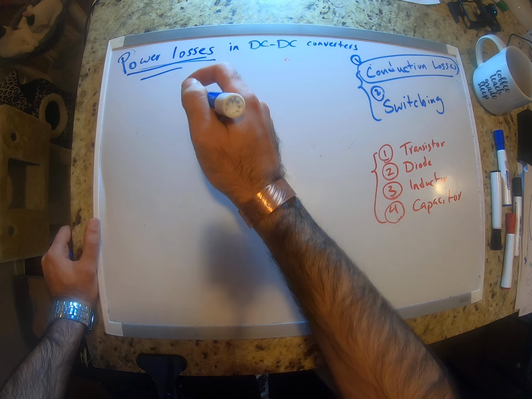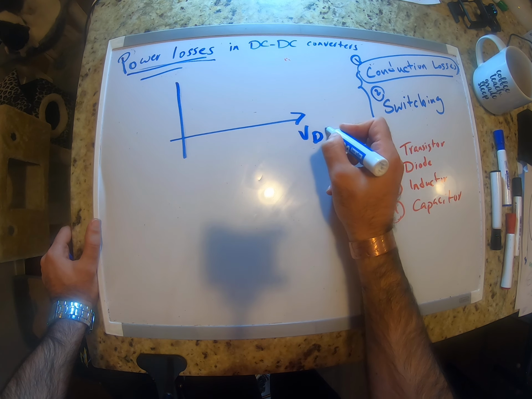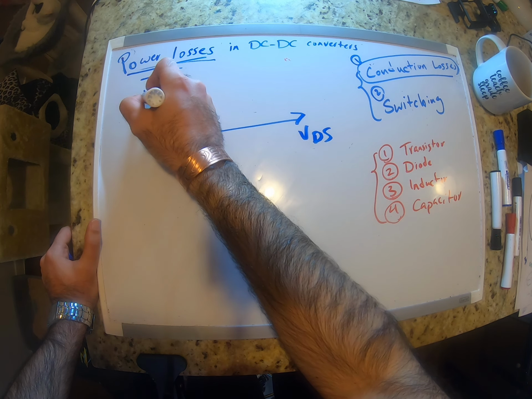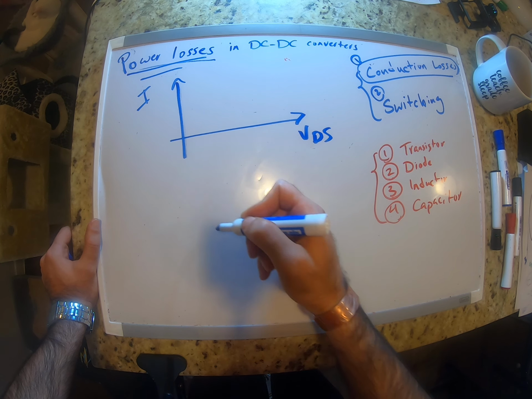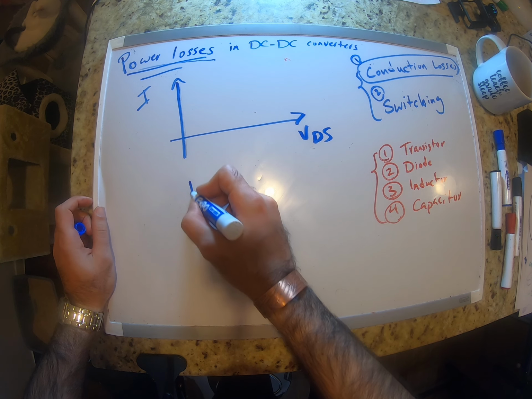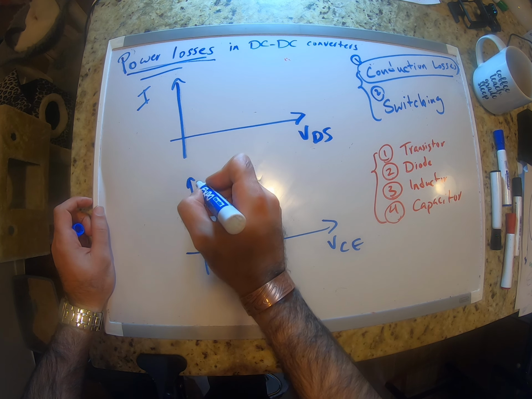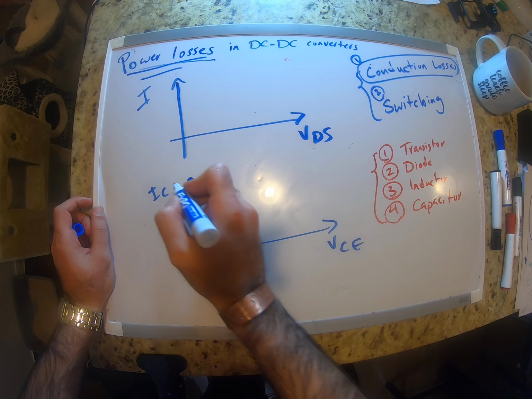I think you've seen in your electronics course the current that goes through a transistor, whether it's a BJT or MOSFET, looks something like this.